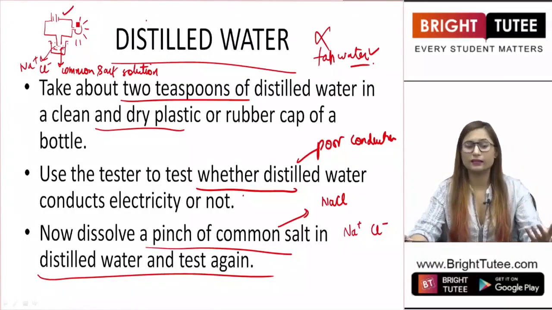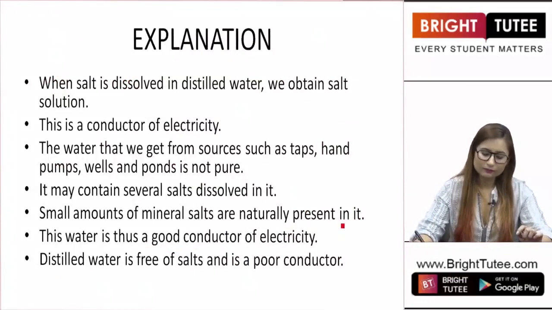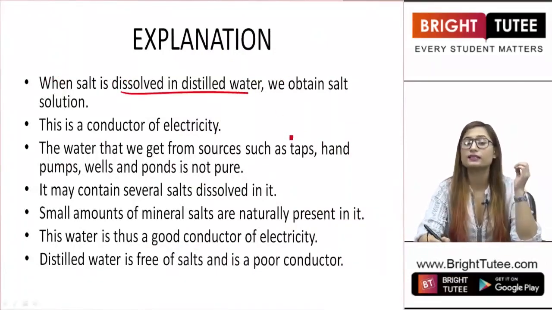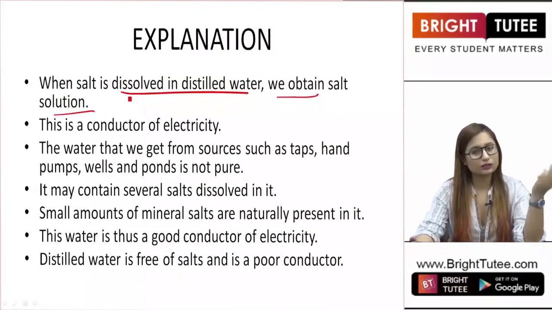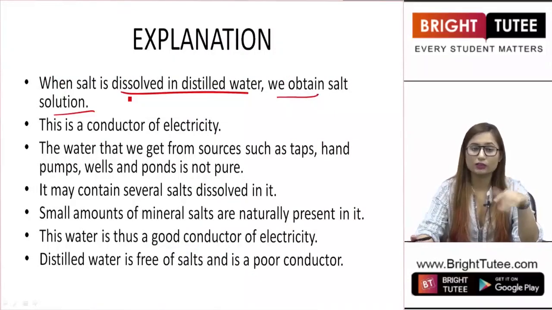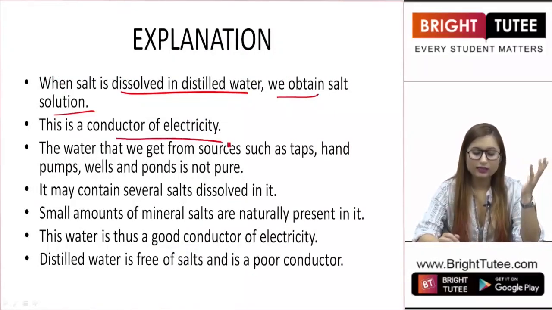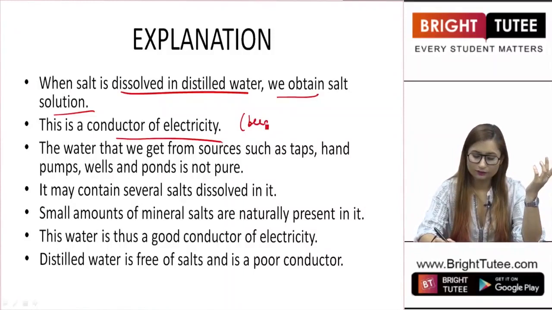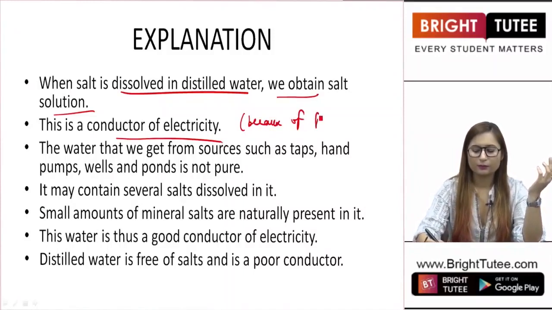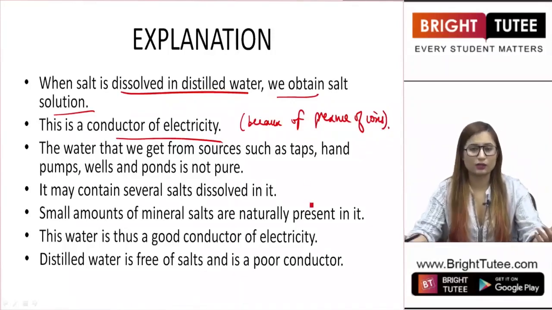So what did we understand? Let us see. When salt is dissolved in distilled water, we obtain salt solution. As I told you, we put salt into the water, it becomes a salt solution. This is a conductor of electricity because of the presence of ions, charged bodies basically.